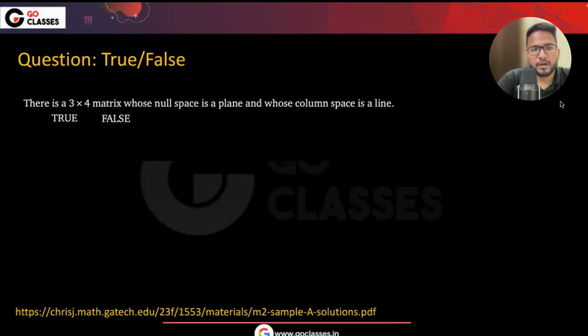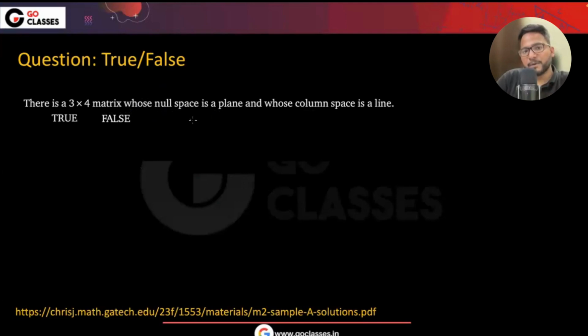What they're saying: there is a 3 cross 4 matrix whose null space is a plane, whose column space is a line. Is this possible? Tell me. No, all of these spaces are for any arbitrary matrix A. It need not be a square matrix. So there is a 3 cross 4 matrix.